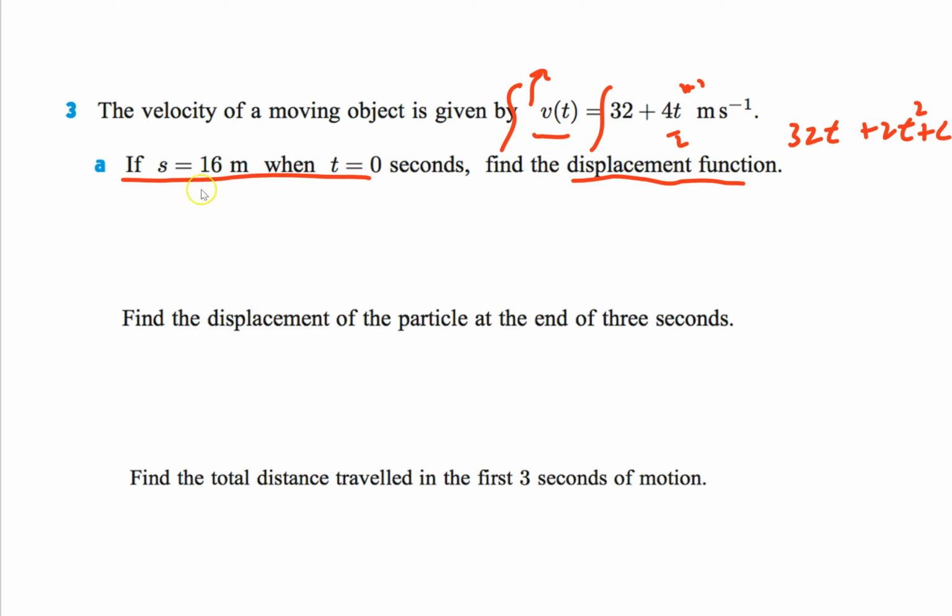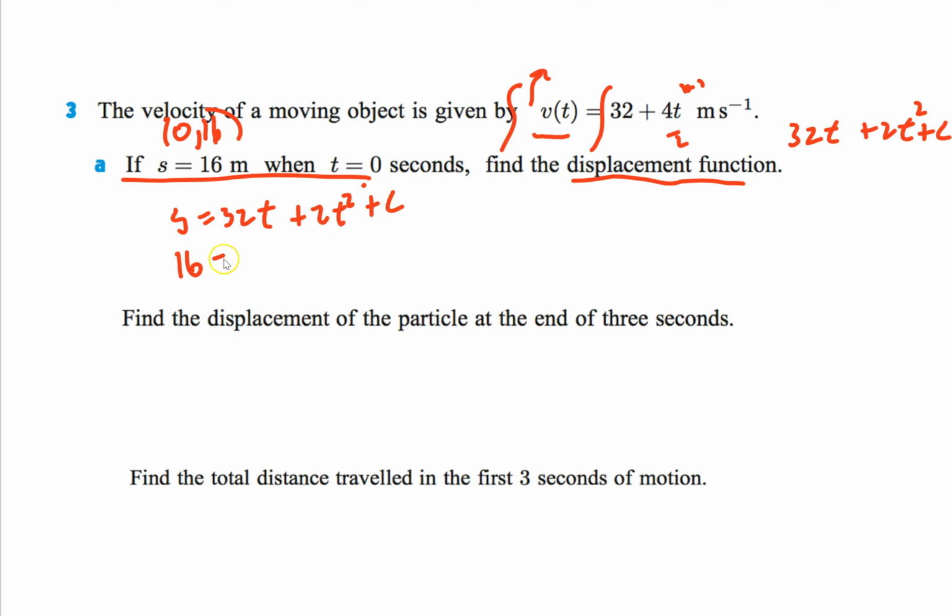And then what we do is we use this, right? When I plug in 0, I get 16. That's what that's telling me. So when I plug in 0, it equals 16.